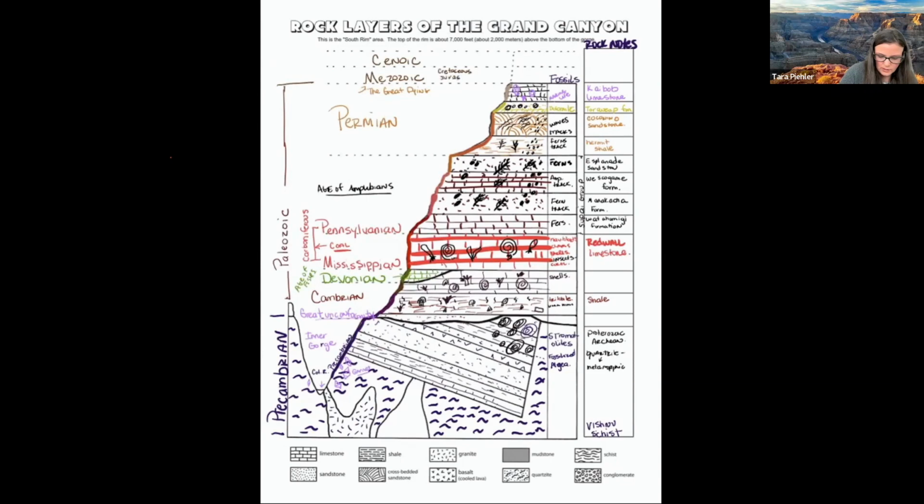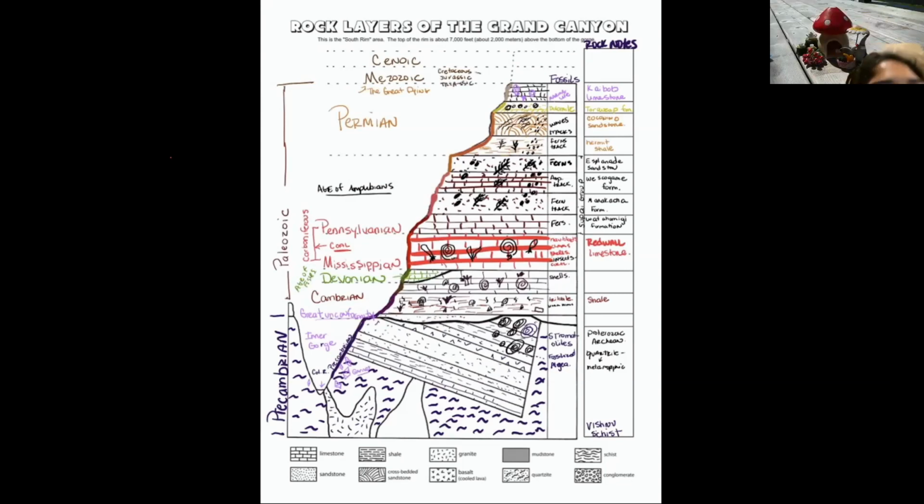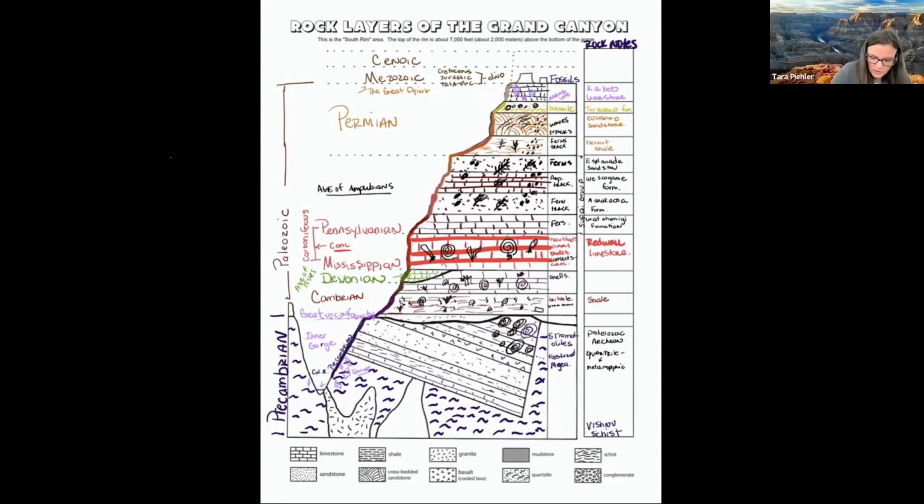Oh, I literally thought they were only in Jurassic. No! Okay. So these are going to be our dino layers, and they were at the top, but they got eroded away. And the only thing left are these things. Who knows what that's called?